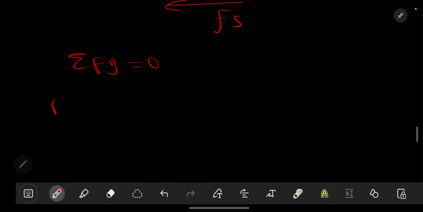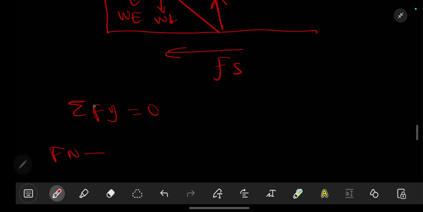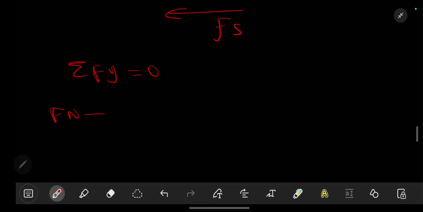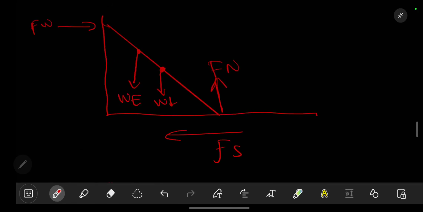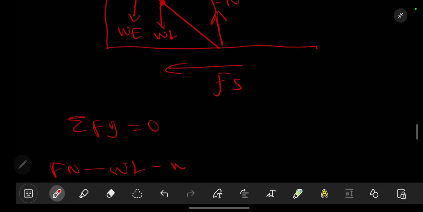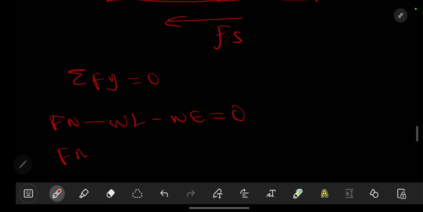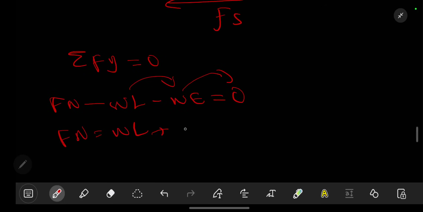So the normal force minus the weight of the ladder, which is pushing down, minus the weight of the electrician should be equal to 0. So the normal force should be equal to the weight of the ladder plus the weight of the electrician.